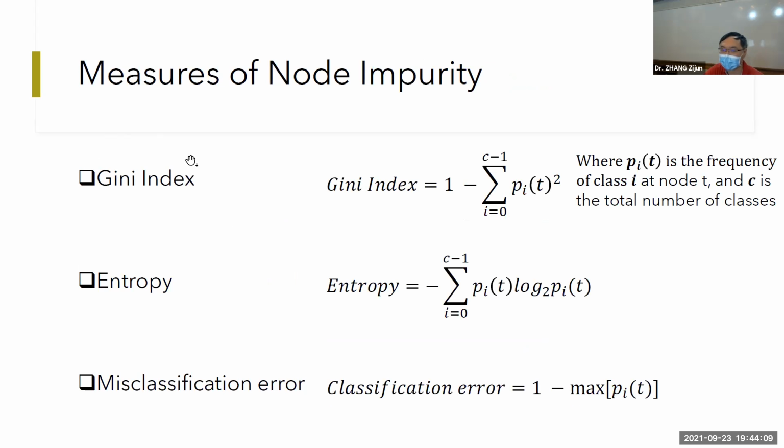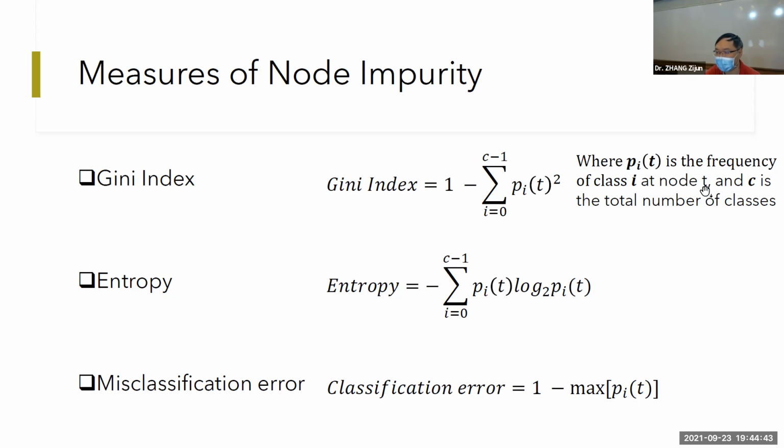Next we would like to talk about 3 major measures of node impurity: the Gini index, the entropy, and the misclassification error. The Gini index is mathematically described as 1 minus the summation of p_i(t) squared, with i from 0 to c minus 1, where p_i(t) is the frequency of class i at node t.